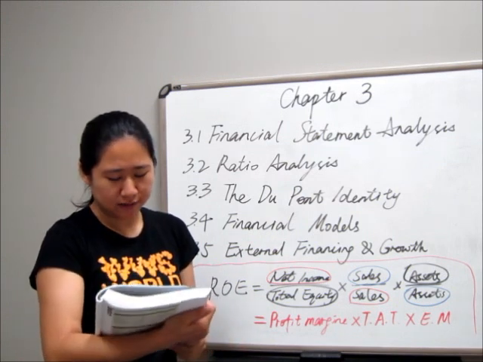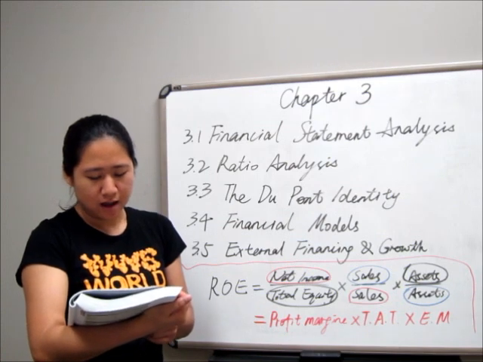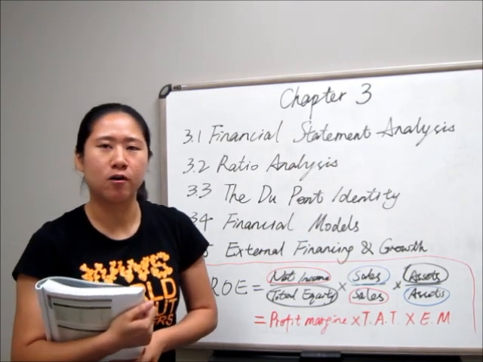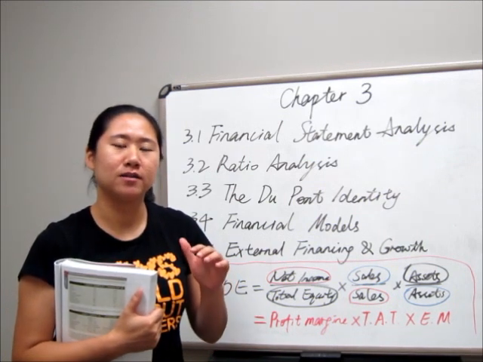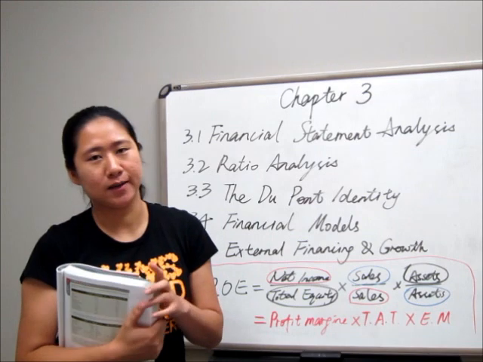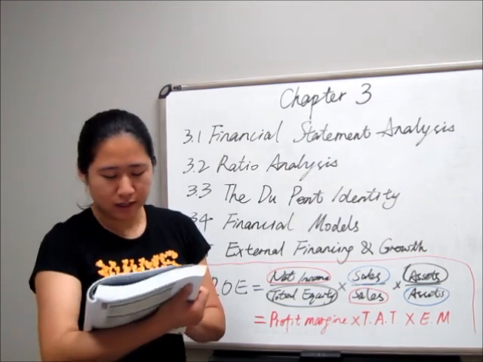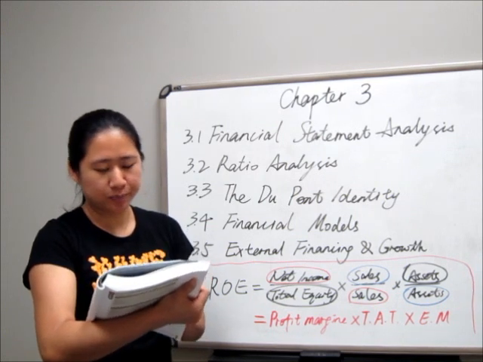The first group is short-term solvency or liquidity ratios. This group focuses on evaluating the company's capability to meet its current liabilities. The ratios include current ratio, quick ratio, and cash ratio.